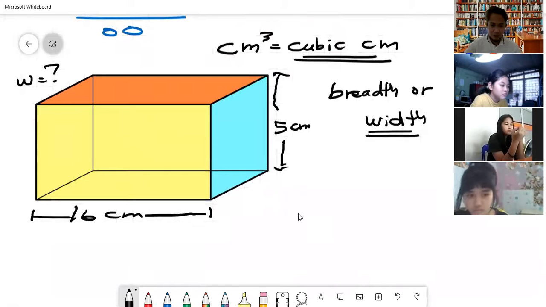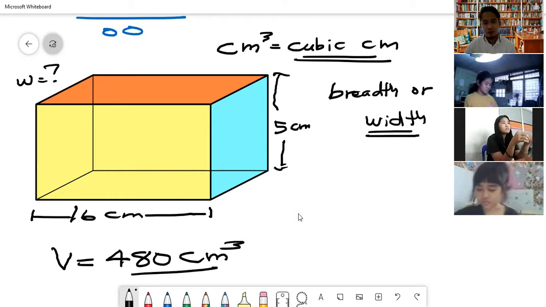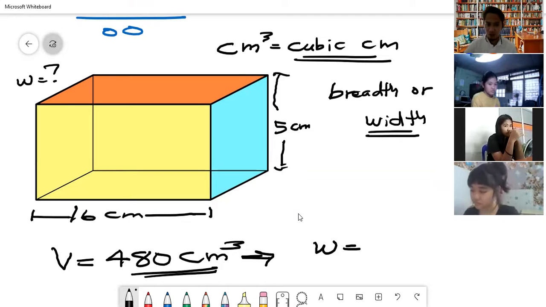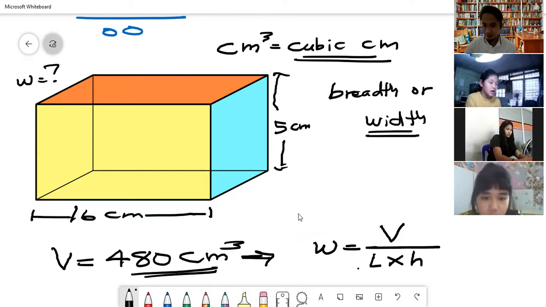The given volume is equal to 480 cubic centimeters. Then, to find the width, width is equal to volume divided by length times the height.